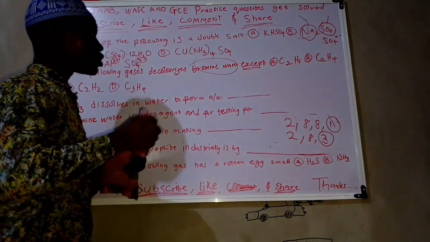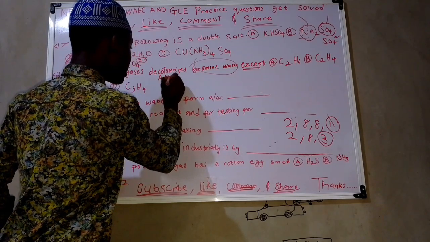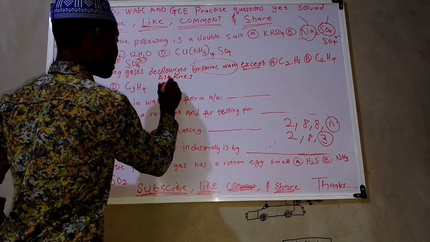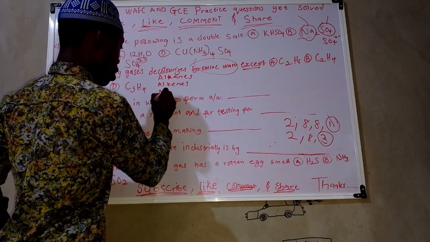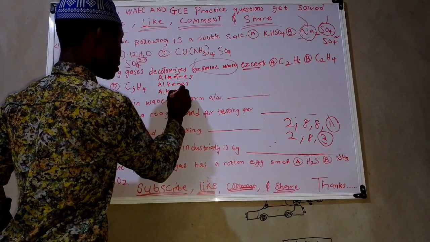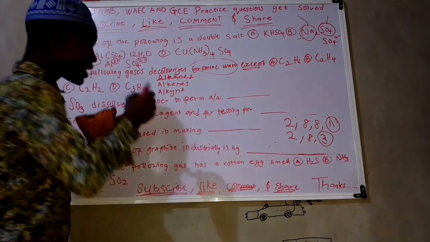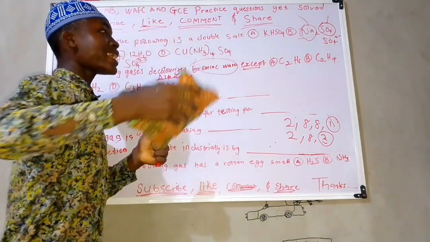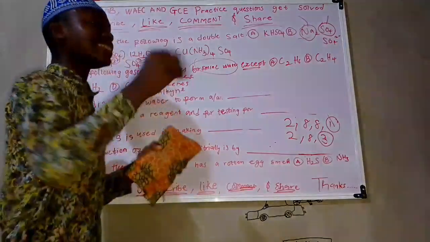Now moving on to the family of organic compounds, we have the alkanes family, and you have the alkene and alkyne family. So the alkanes family are the compounds that require substitution reactions because they are saturated.